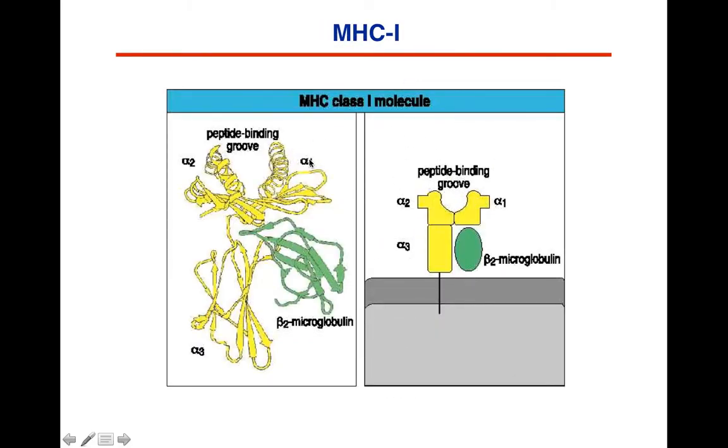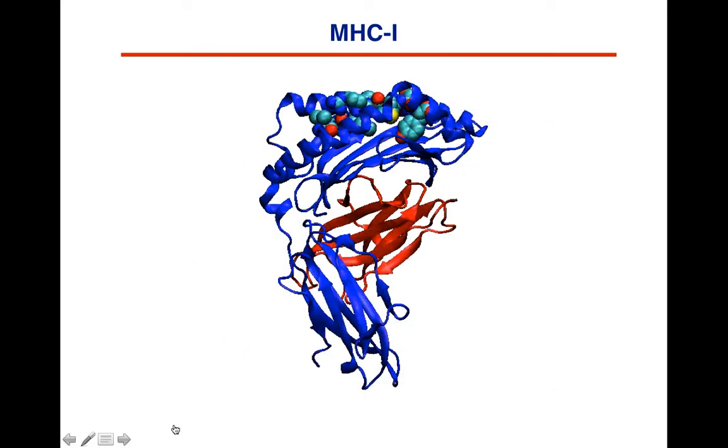And again, the peptide binding region is between these two alpha helical regions and this beta sheet region. You can see it's all one polypeptide, and the microglobulin stabilizes this structure with the peptide binding up here.